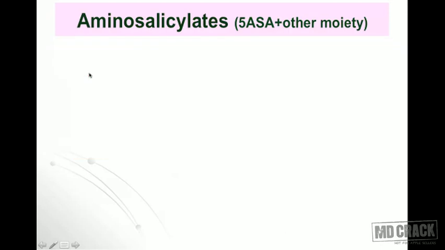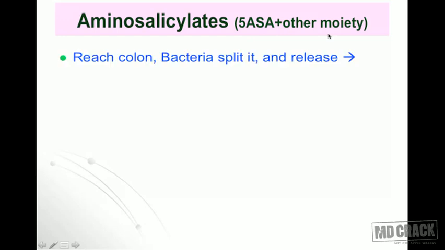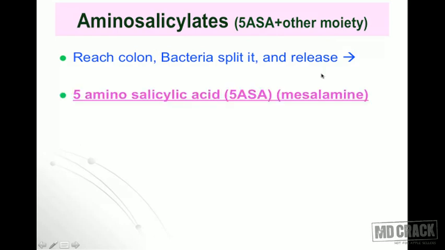First we discuss the aminosalicylates. What is an aminosalicylate? It's a combination of 5-aminosalicylic acid with another moiety. This drug aminosalicylate reaches the colon, the bacteria split it, and what is released is 5-aminosalicylic acid. 5-ASA is also called mesalamine.